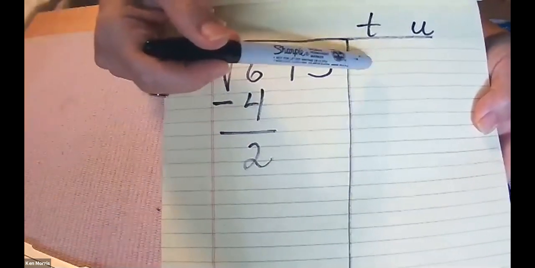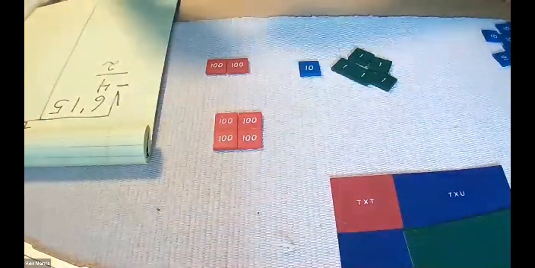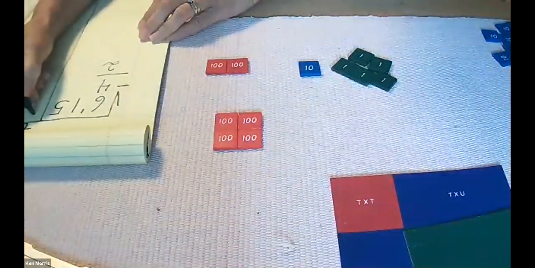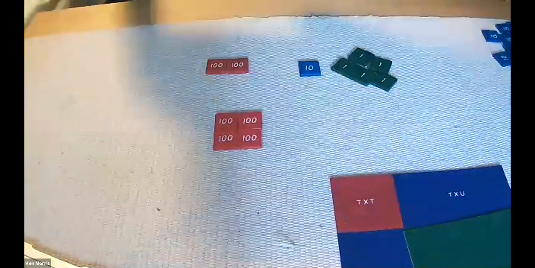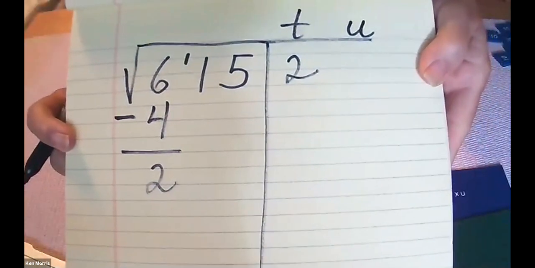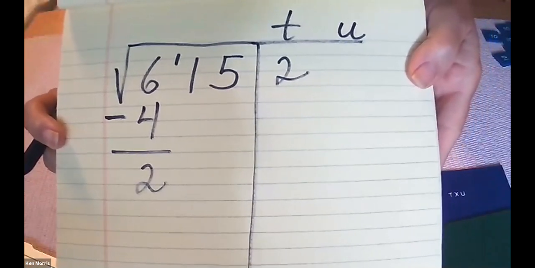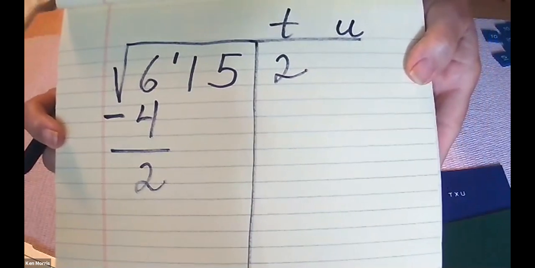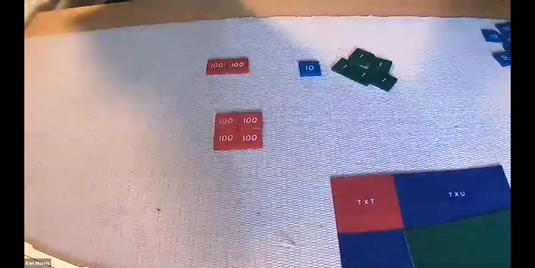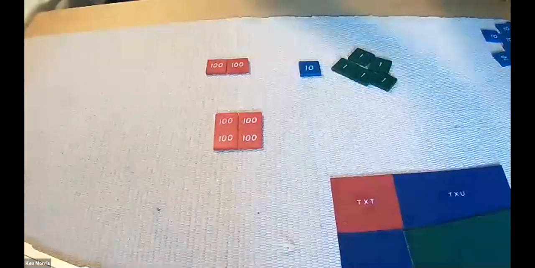So I can write my 2 right there because I know that that's going to be the answer in the tens place. As soon as I see it, I write it down. This 2 comes from that 2 right there.